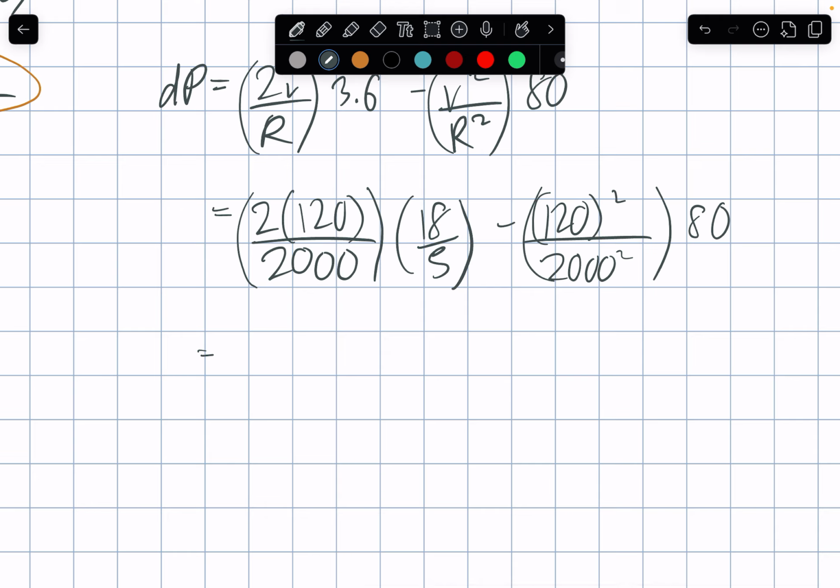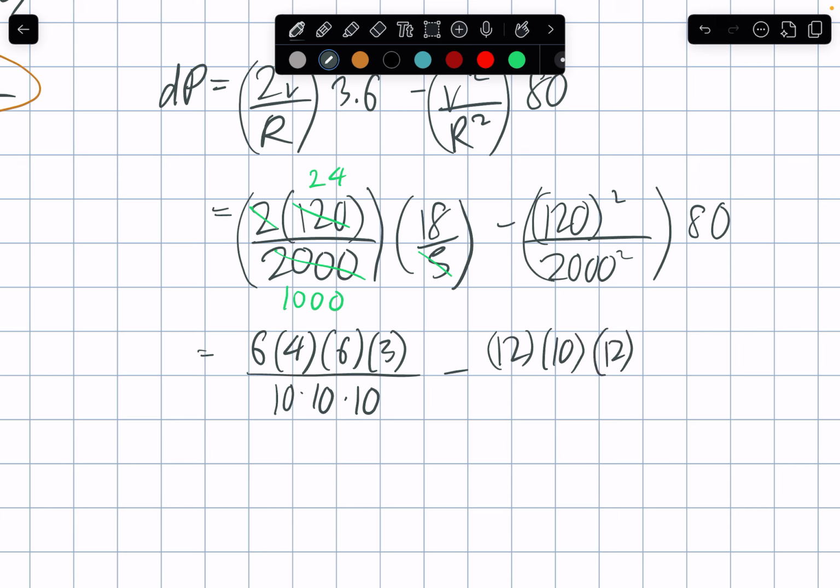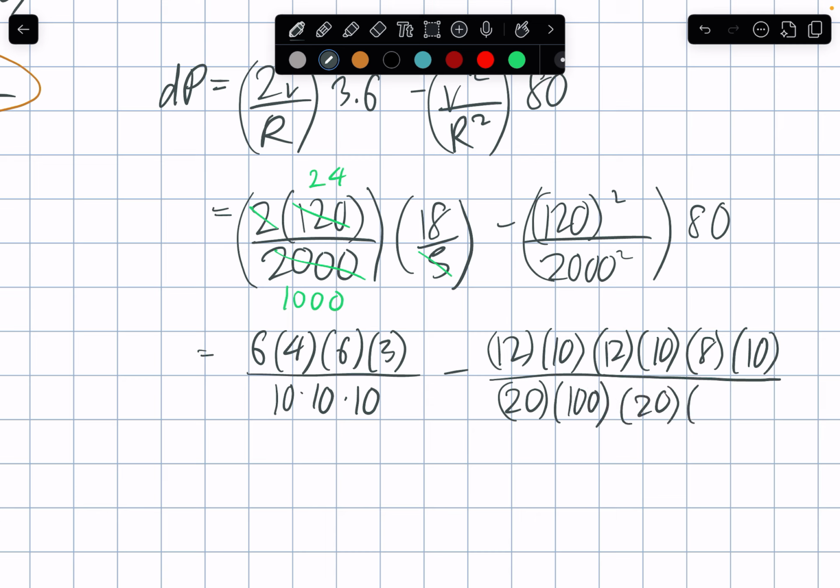Okay, let's try to simplify this. 6 times 4 times 6 times 3 over 10 times 10 times 10, minus 12 times 10 times 12 times 10 times 8 times 10 over, oh, this is crazy, 20 times, what makes 2000? 20 times 100.